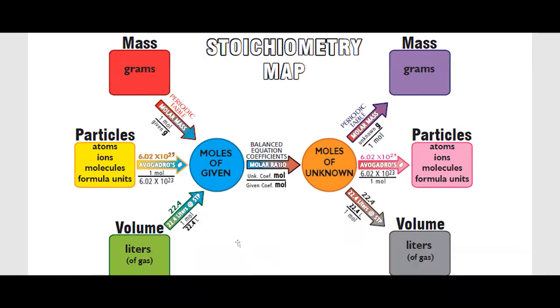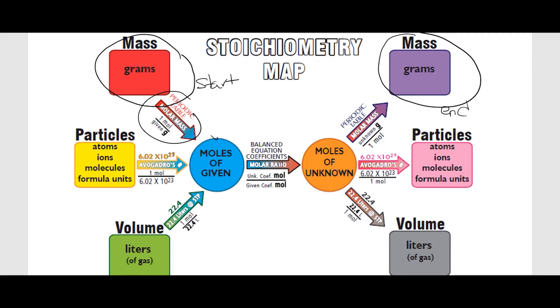So I'm going to look at my molar map. If I look, I'm starting with grams. That's my upper left-hand corner. So grams of my given, and again, I'm going into grams of my unknown. And so I have to go through moles of my given, and then moles of my unknown, and then I can finally end up in grams of unknown.